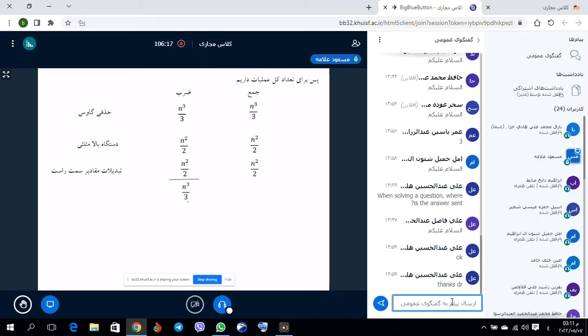If we calculate them, it's n power 3 by 3, and n power 3 by 3. It's order n3 for calculating A inverse.